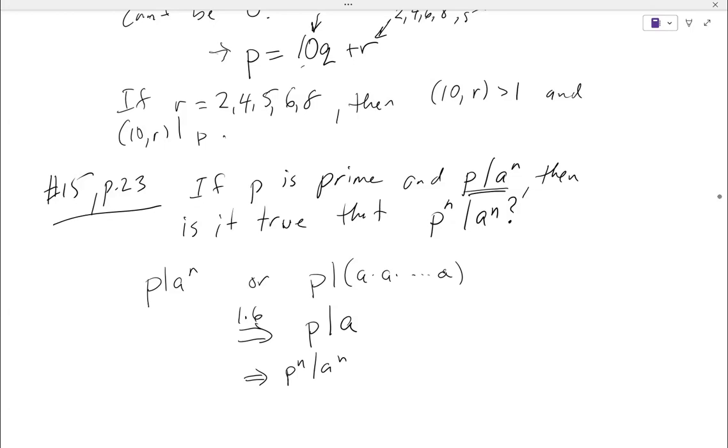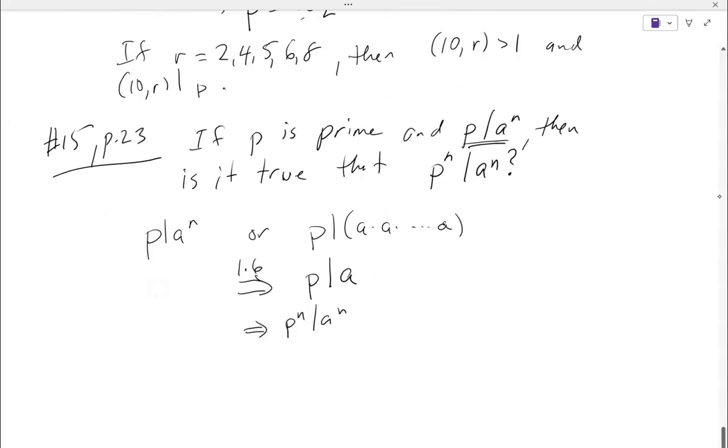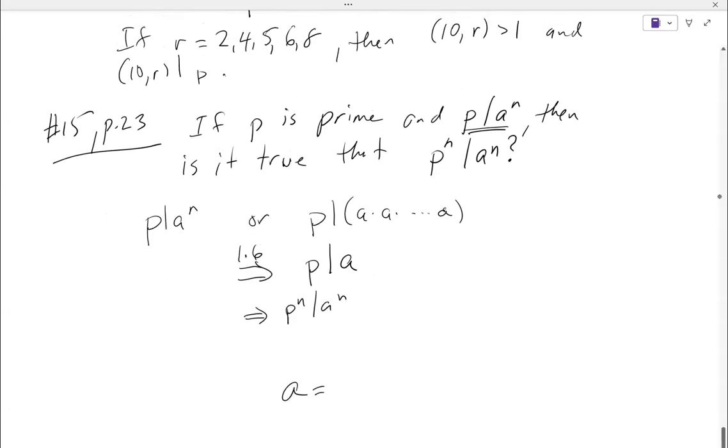The other way I was thinking that you could think about it is that we know A is a product of primes, by unique factorization. So if I started with A being Q1 to the N1, Q2 to the N2, and so on up the line, I probably should have used a different letter there than N. What happens when I do A to the N?